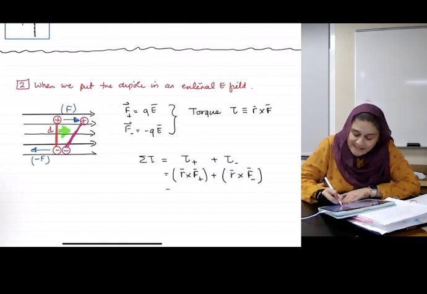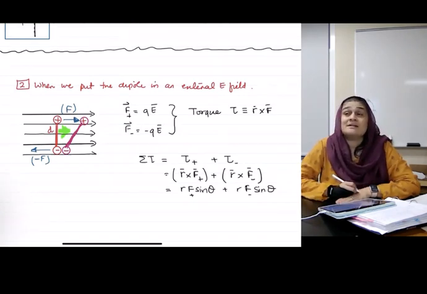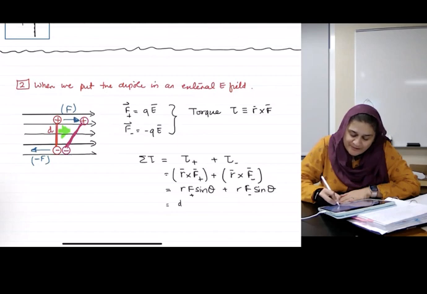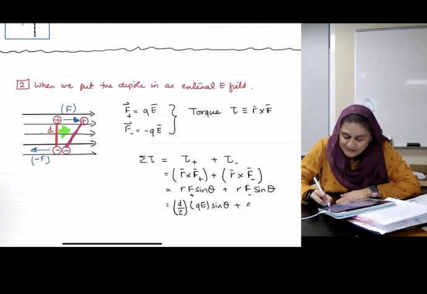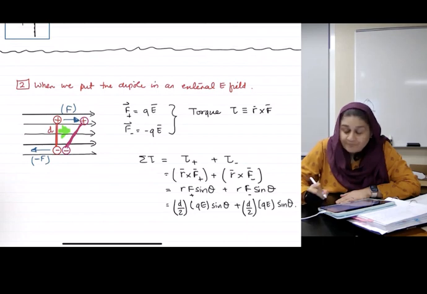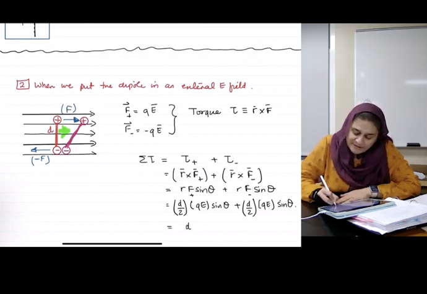Then may I write this as RF sine of theta plus RF sine of theta, plus and minus. Is the R in this case d over 2? So may I replace this by d over 2? And is this F equal to QE? And is this sine theta plus d over 2 magnitude QE sine of theta? Does this become d Q E sine theta?